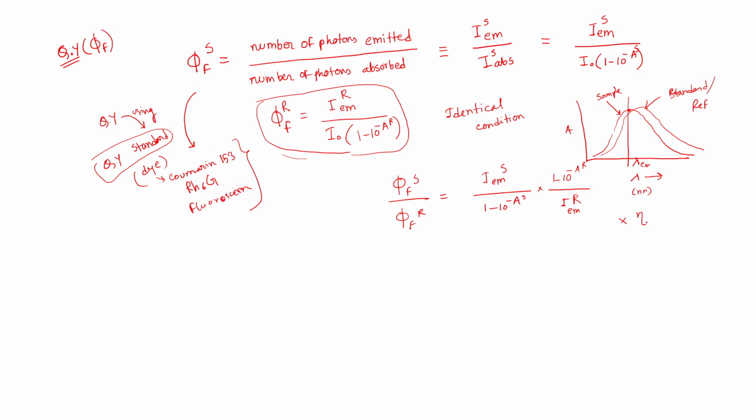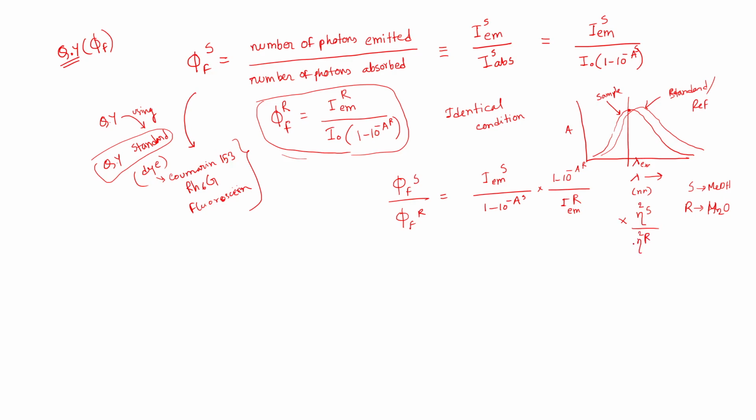So that is why the refractive index of your sample, suppose your sample is in methanol, okay, and your reference is in water. Then the refractive index of your sample is also going to be a part.